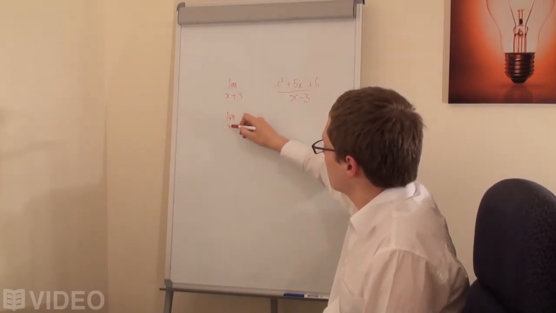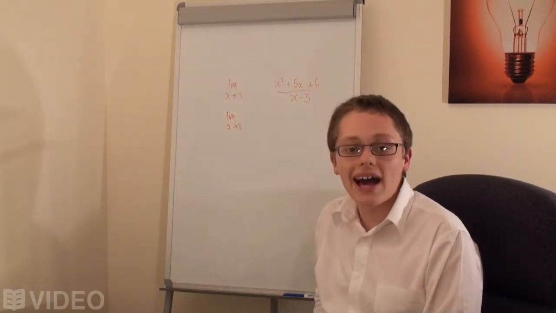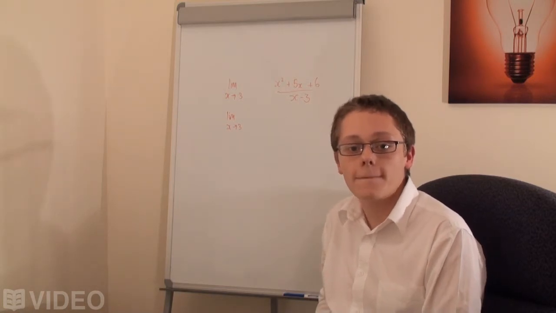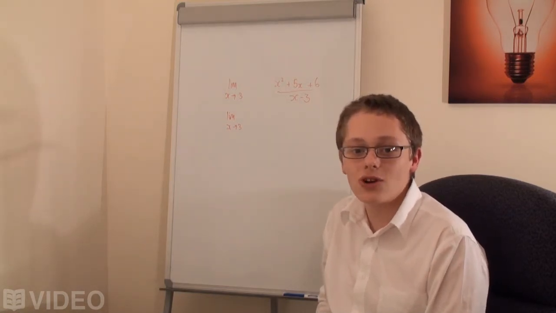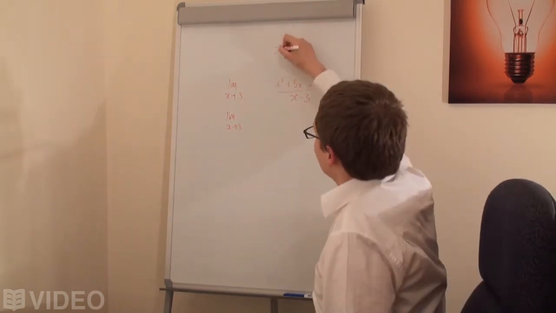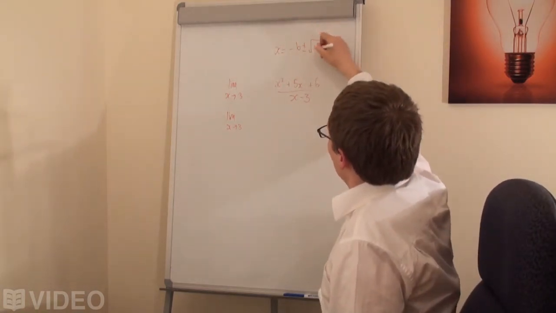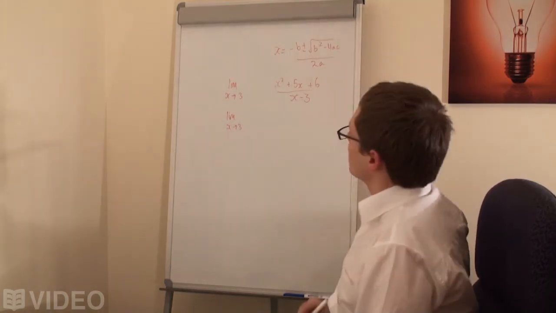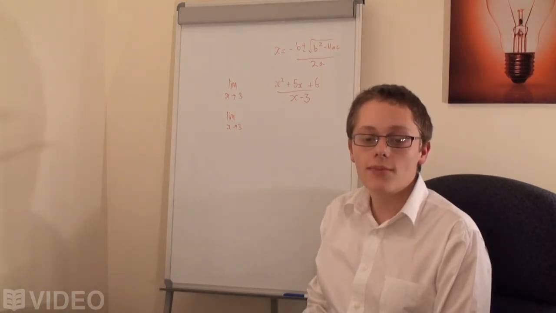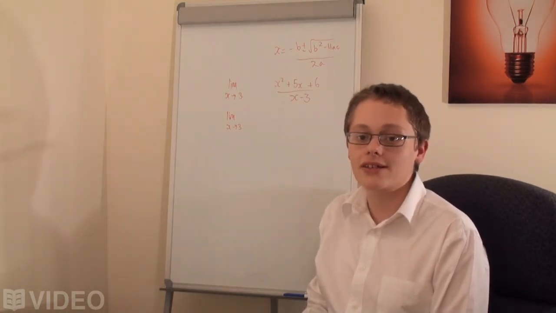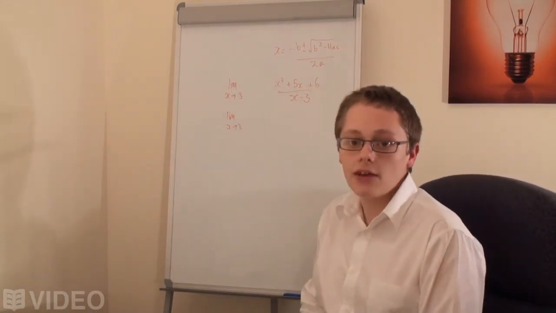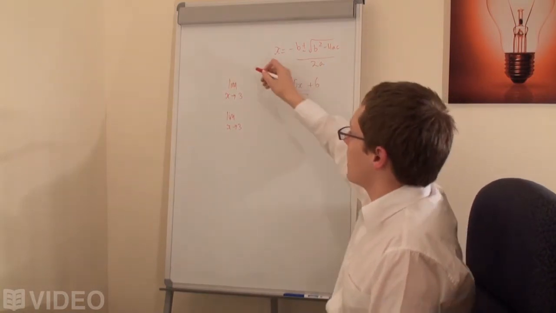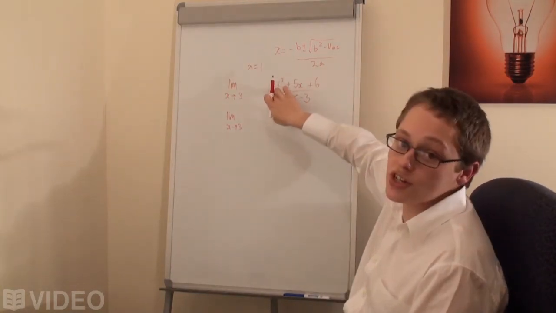In order to do this, we need to factorise the top bar algebraically. And we all know how to factorise some linear algebra. If not, we could always use the quadratic equation. For the purpose of this video, I'm going to assume that you know how to factorise an expression like this. If you want to, feel free to have a go at the quadratic equation. In this case, we would have a equal to 1, because that's the coefficient of x squared.